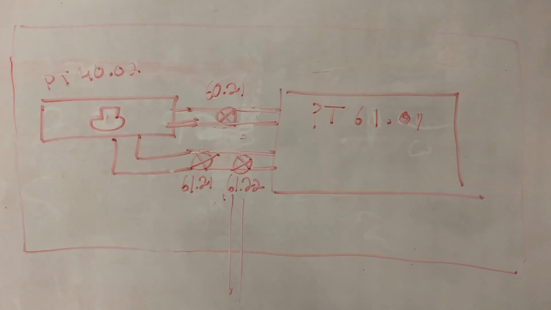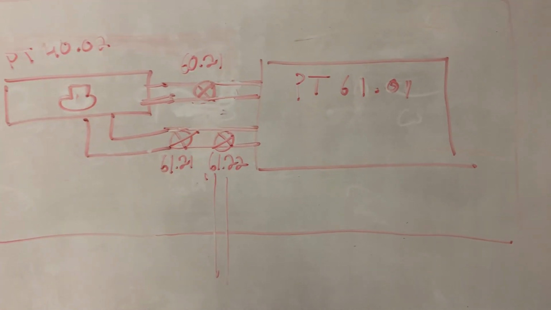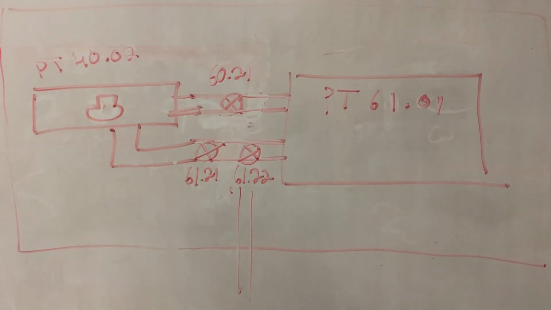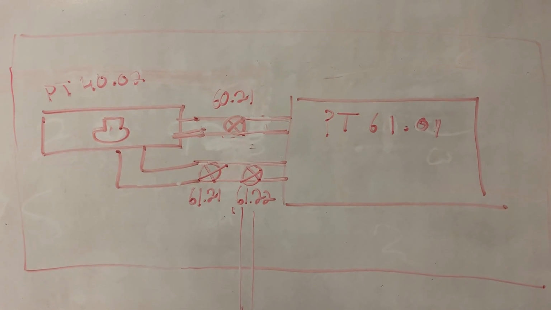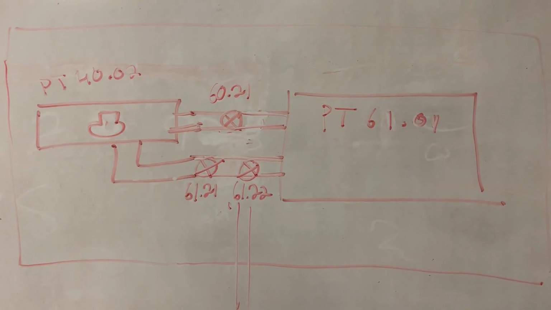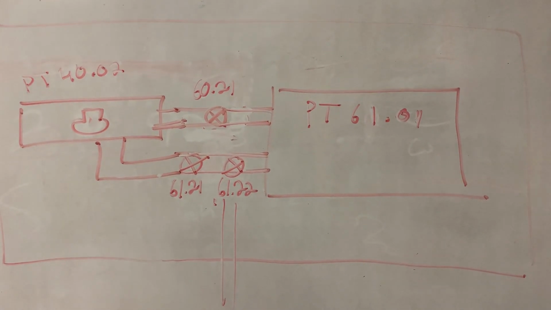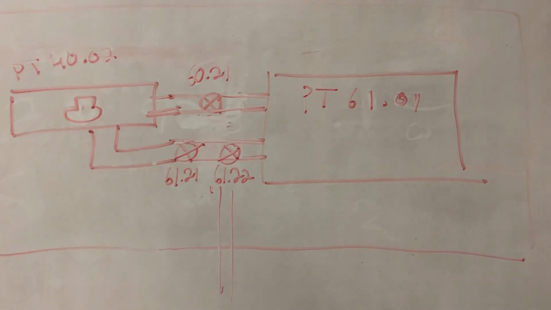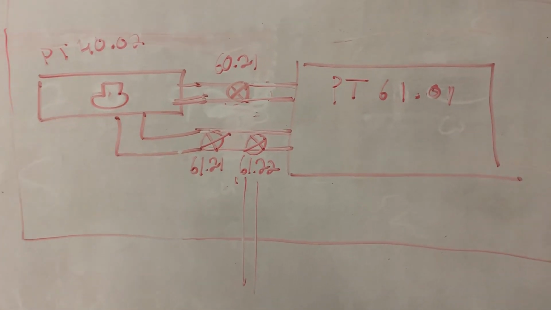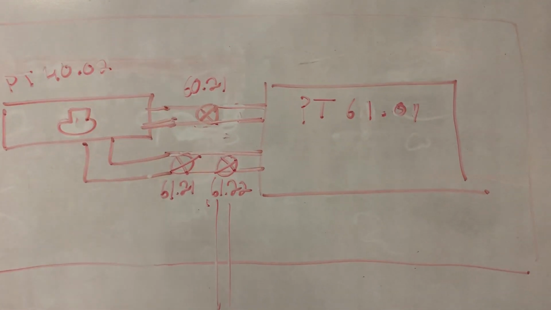So then you've isolated the cryo system from the chamber lines. Then finally, what you need to do is open 61.22 so that you're venting all the gas that's in the chamber outside so that you don't get a huge pressure buildup in the chamber.